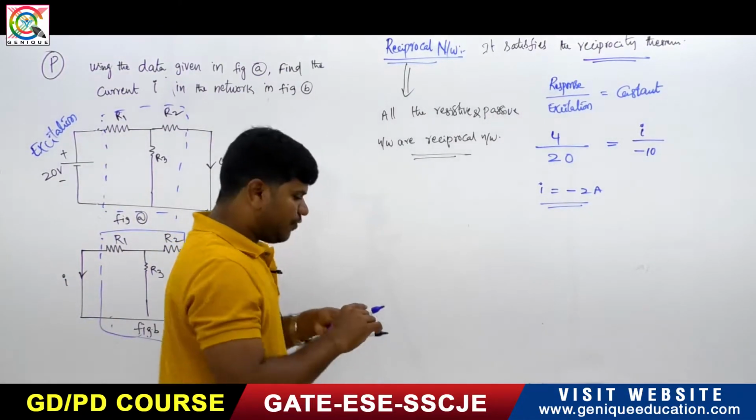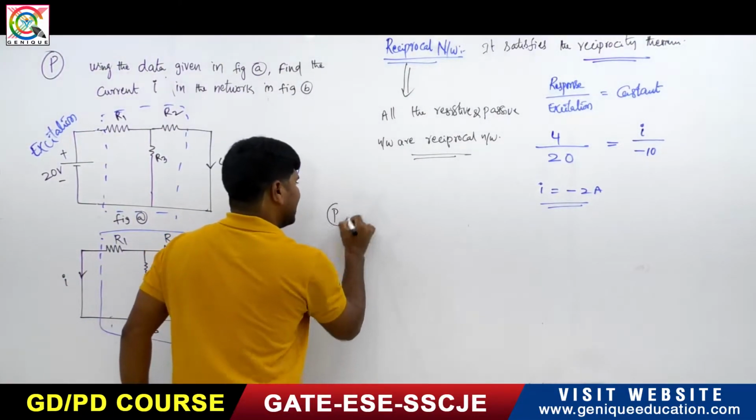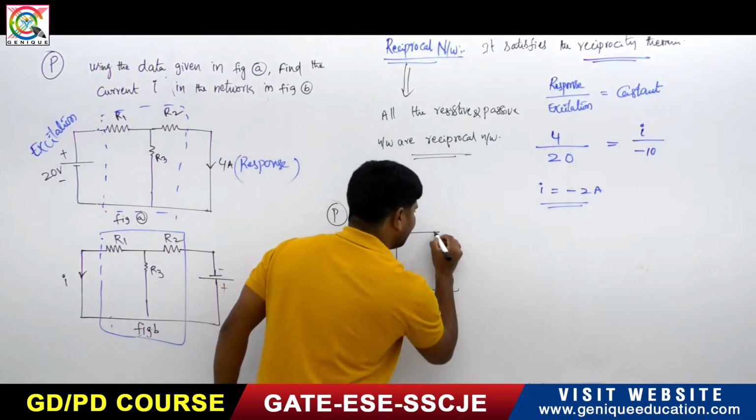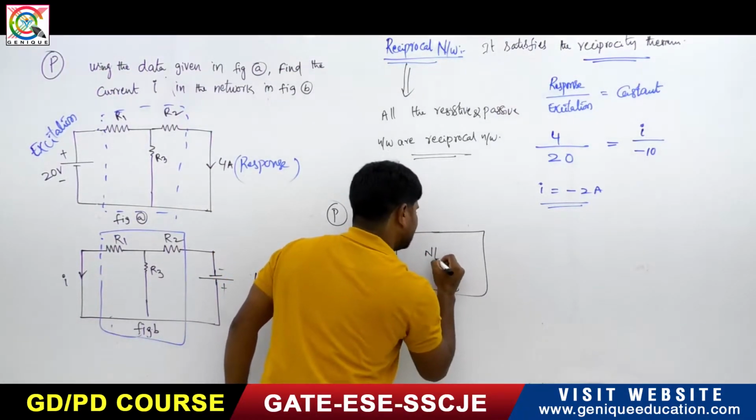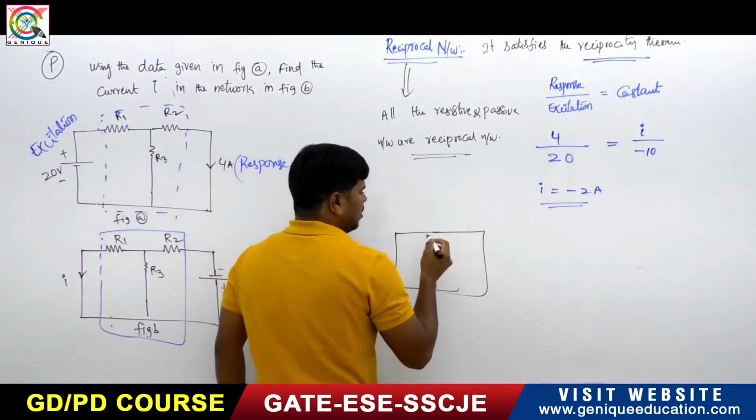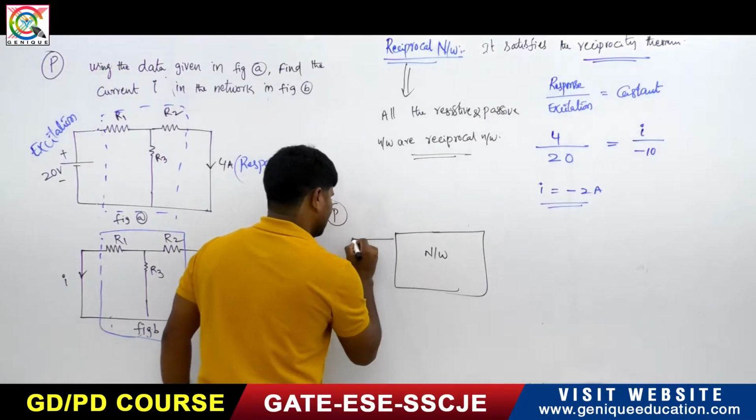Suppose any network is given like this. There is one network given. It is a network. Okay?